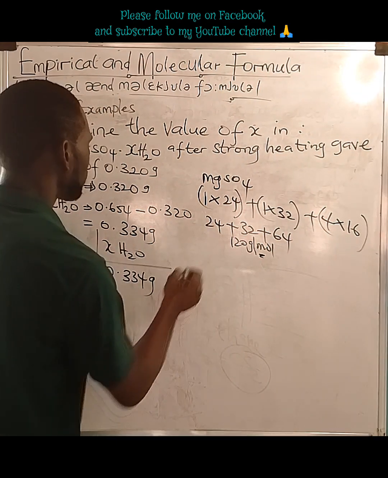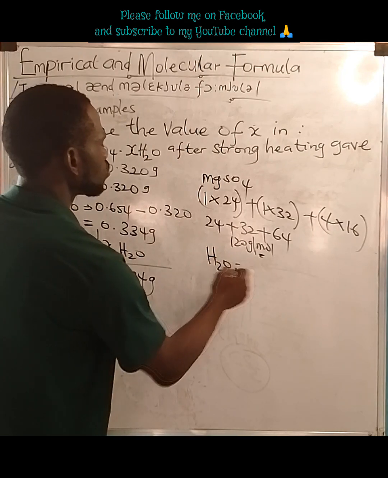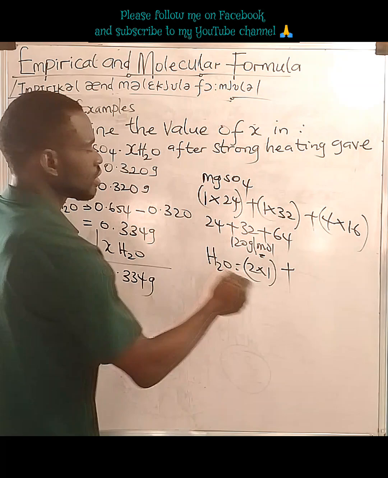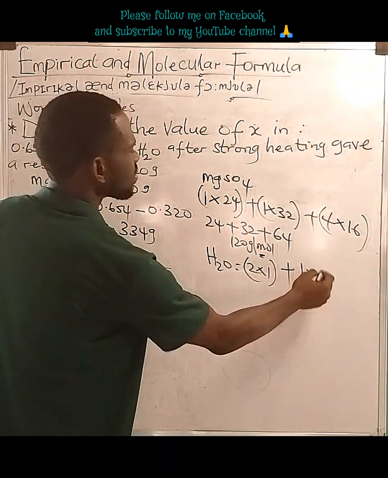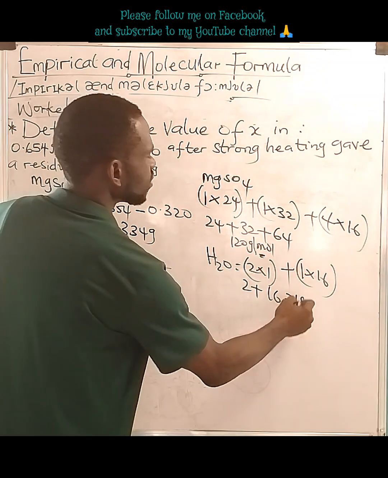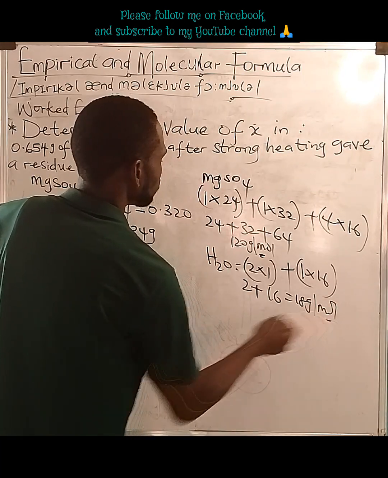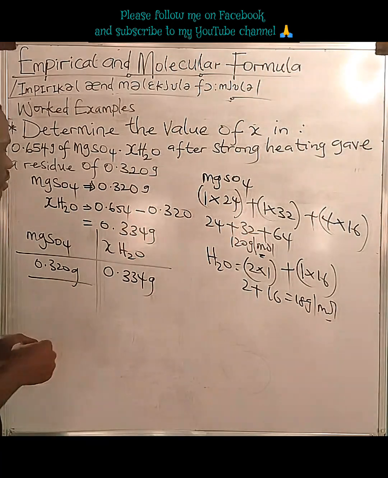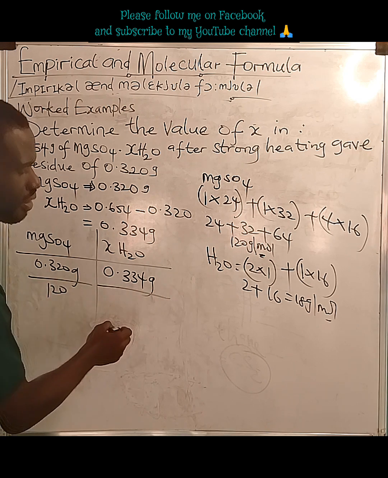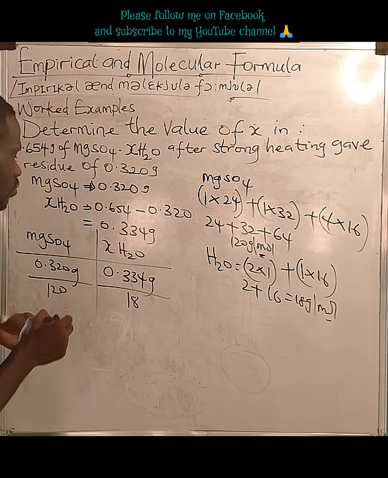That's that for MgSO4. While for H2O, 2 atoms of hydrogen, 2 times 1. Hydrogen has 1 atomic mass unit. So 1 atom of oxygen, 1 times 16. So it's 2 plus 16, 18 gram per mole. These are the molar masses. So the first, we're going to be using 120 to divide it, while for this one, we're going to be using 18 to divide it.